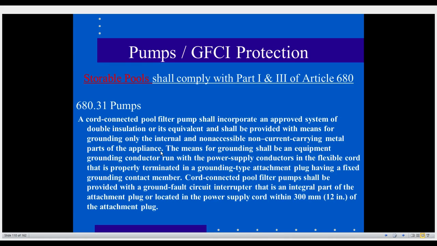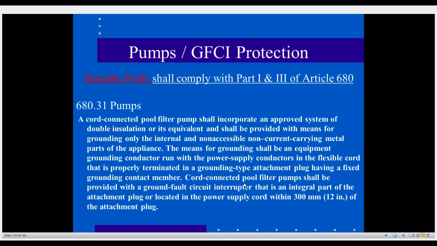This is going to be done through the listing of that pump through the company that manufactures that pump. The means for grounding shall be an equipment grounding conductor that is going to be in the cord that runs to this pump, and in the flexible cord that is properly terminated in a grounding type attachment plug having a fixed grounded contact member. Okay, so 3-prong plug with your grounded terminal plug.